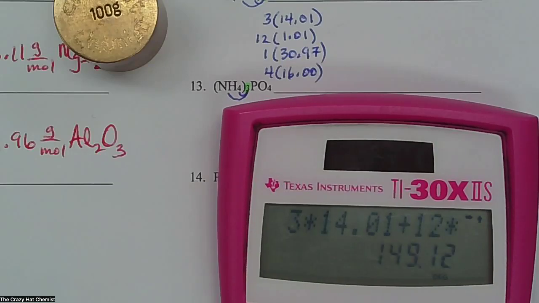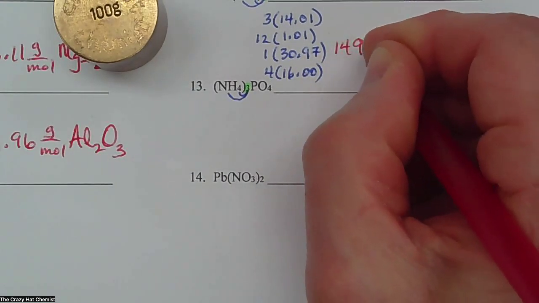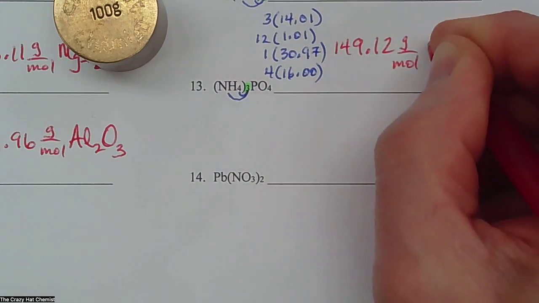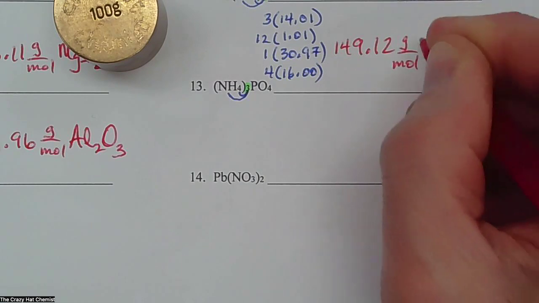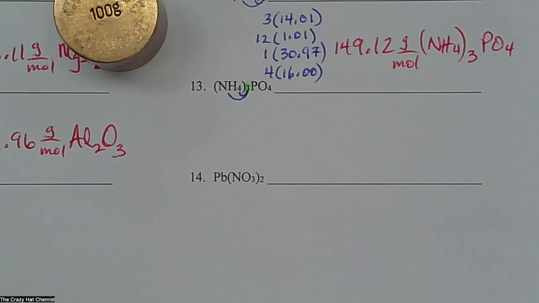And that's going to equal 149.12 grams per mole of ammonium phosphate. Okay, perfect.